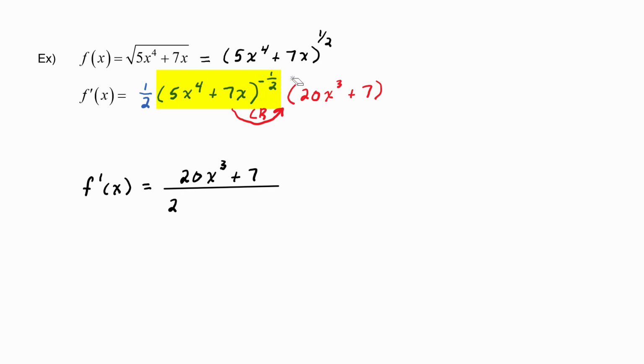And to make this -1/2 into a +1/2 exponent, we have to move this to the denominator, and we can write it as radical 5x to the 4th plus 7x. Or if you wrote it as 5x to the 4th plus 7x raised up to the 1/2 power in the denominator, that's fine too.